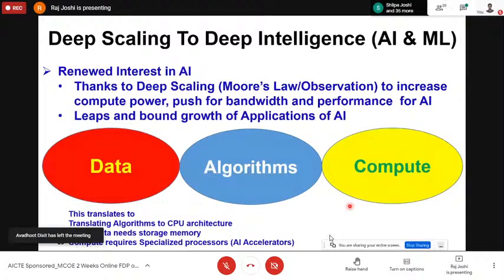So translating algorithms to CPU architectures, large data needs storage memories, and I gave you almost my heart and my memory pitch into it, and compute requires specialized processors and especially AI accelerators, right? And without these accelerators in the data centers, you cannot do machine learning because the data has increased quite significantly.